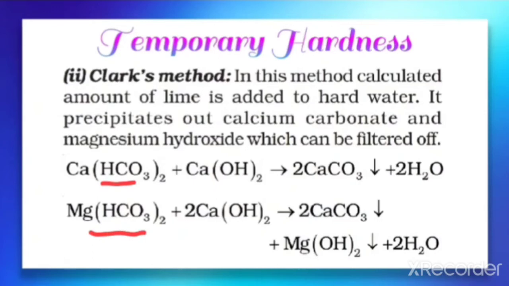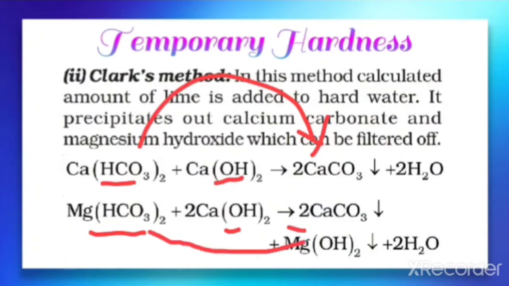When we add lime, that is Ca(OH)2, to this hard water, the bicarbonate gets converted into carbonate, as you can see here, and magnesium bicarbonate is converted into magnesium hydroxide.